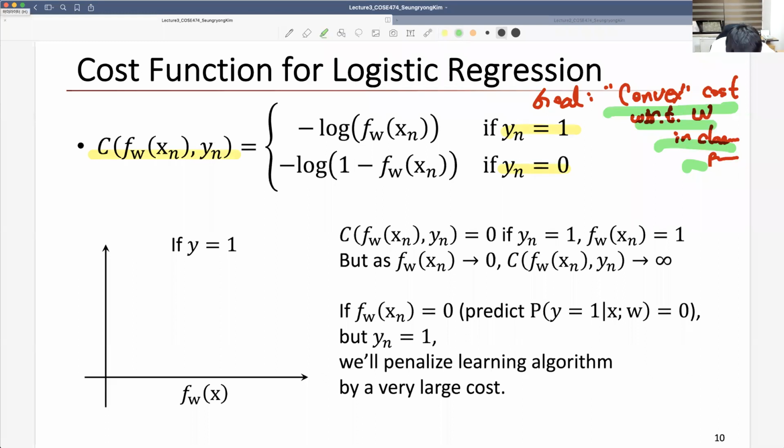First of all, let's say yn is equal to 1, positive class, right? Then the output of our mapping function is equal to 1. In this case, it means a correct prediction, right?